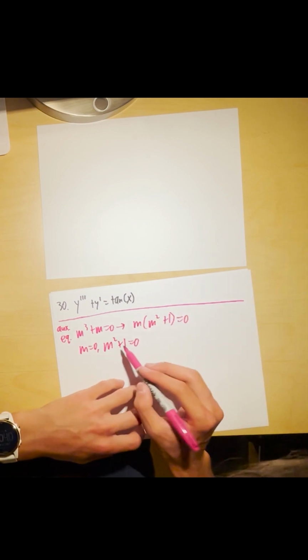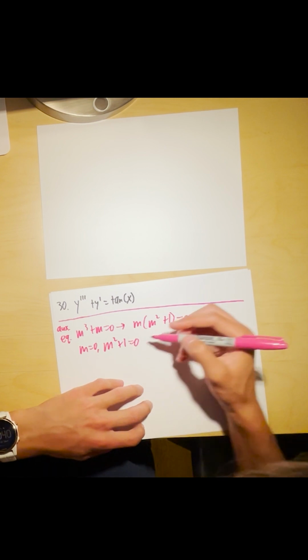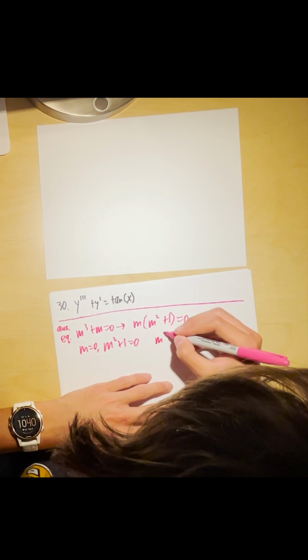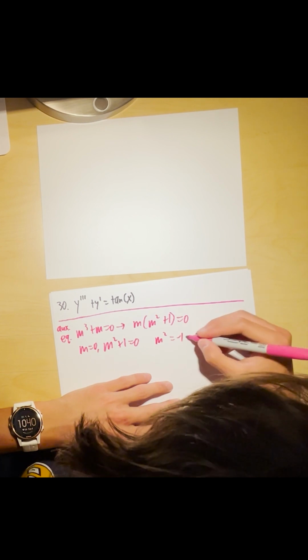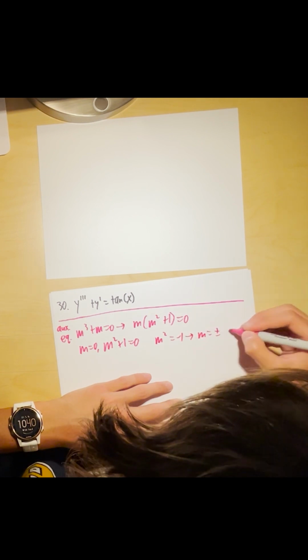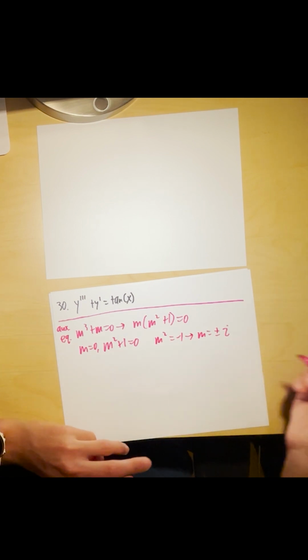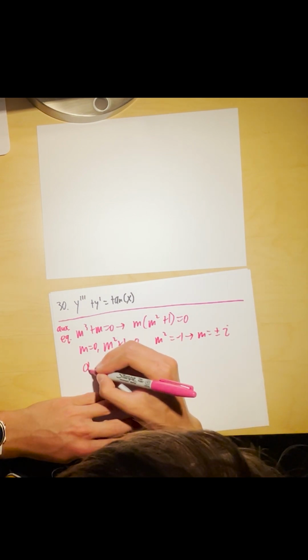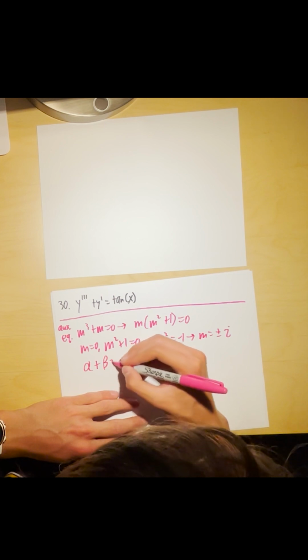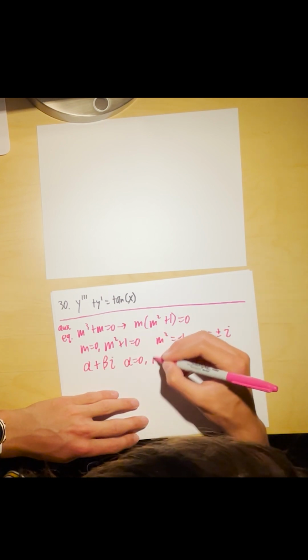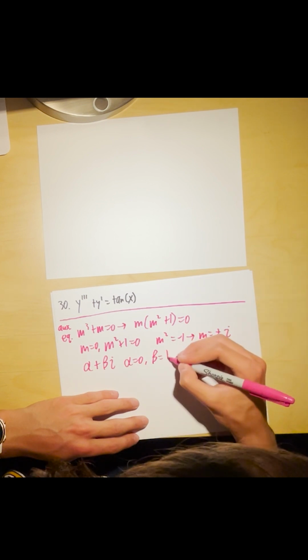So we end up with m equals 0, m squared plus 1 equals 0. For the m squared plus 1 part, we get m squared equals -1, so m equals plus or minus i. And so the complex root with the form alpha plus beta i, we can see that alpha is 0, beta equals 1.